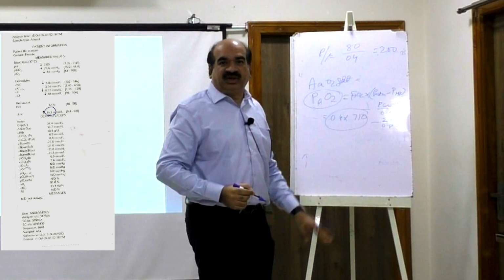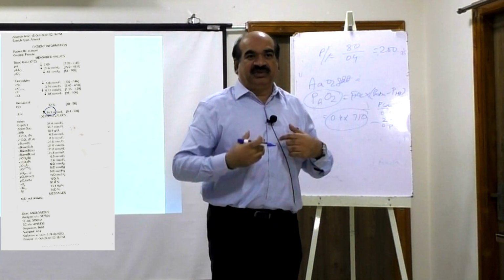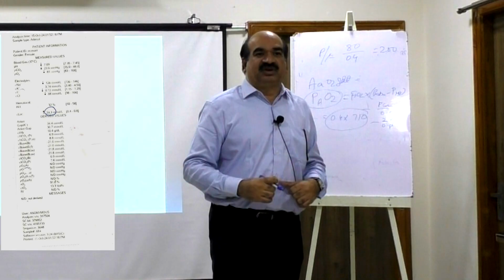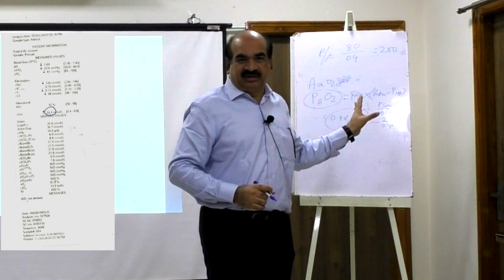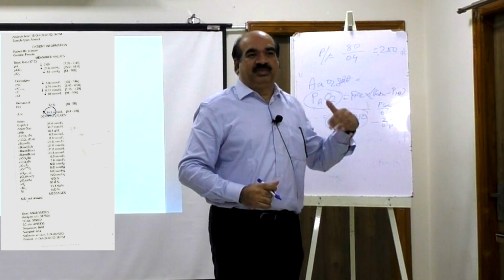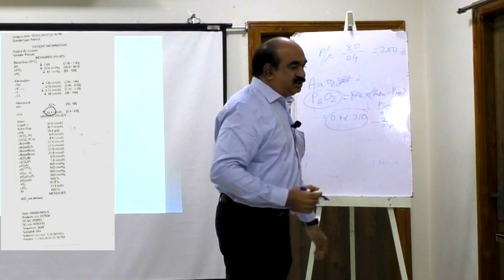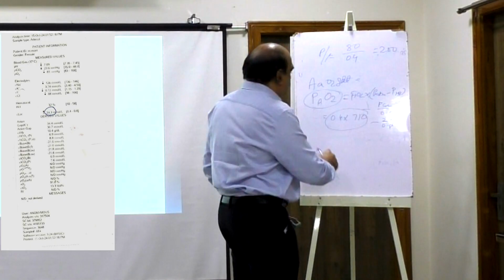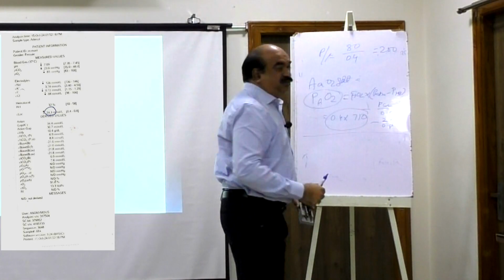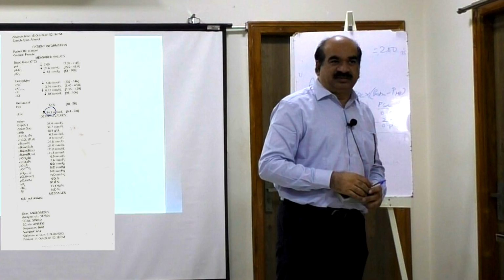Normal gradient is 0 to 10. Normally there won't be much gradient between alveolar oxygen and arterial oxygen. In this case there is a significant gradient. Okay, high gradient. What does it indicate? In the case of hypoxemia, first we should check the alveolar arterial gradient.